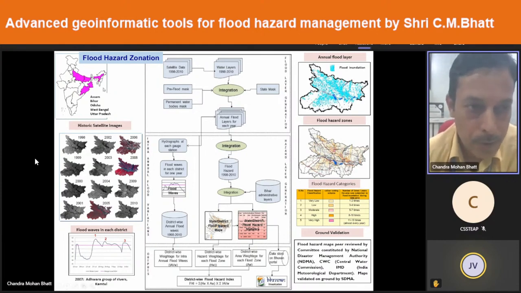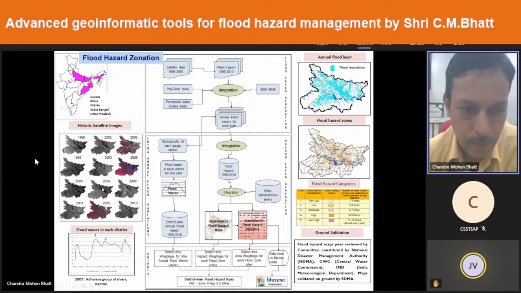So under the ISRO DMS program, NRSC has generated flood hazard maps for different parts of states like UP, Odisha, Bihar, West Bengal, and Assam. Some of them are available in the Bhuvan portal as digital layers, and in the form of atlases also.